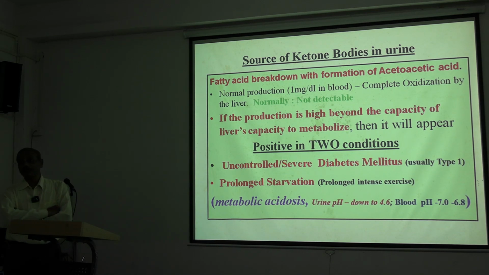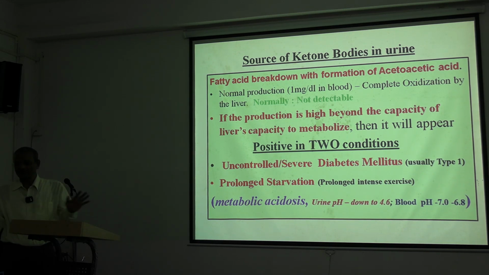So when the liver's capacity for ketone body formation is exceeded, liver will no longer be able to oxidize it completely. Then that will accumulate in the blood, and when that amount increases, it will get filtered in the glomeruli as glomerular filtrate. Do you get my point?